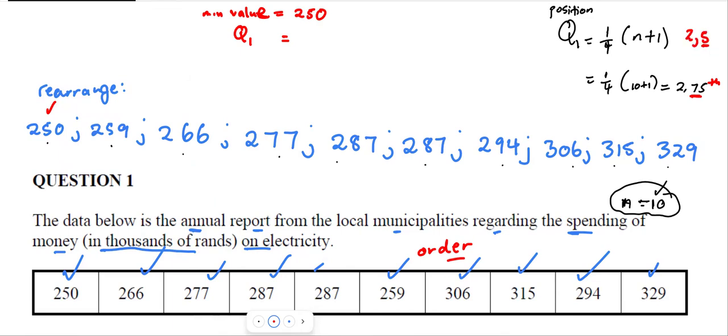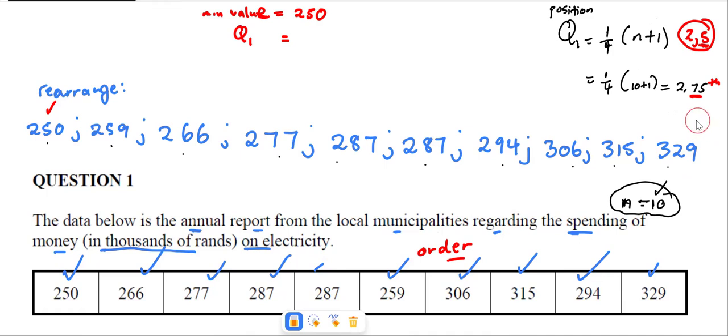At comma 5, you look between which whole numbers the position is found. But when it is 2,75, we must round off to the nearest whole number. Be very careful when it is like that.